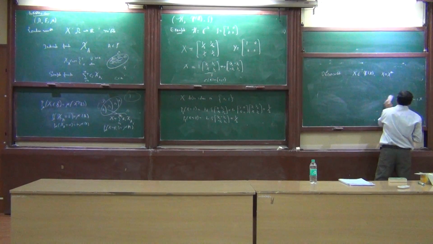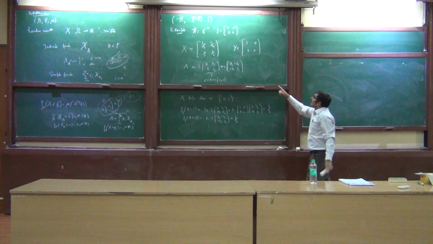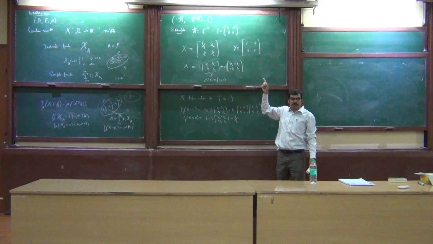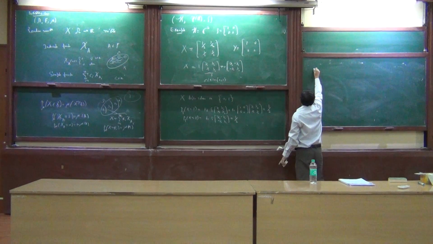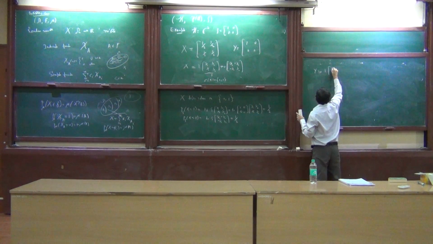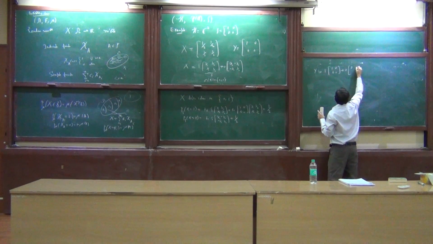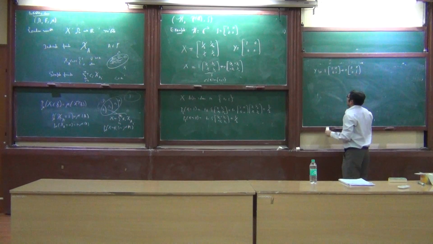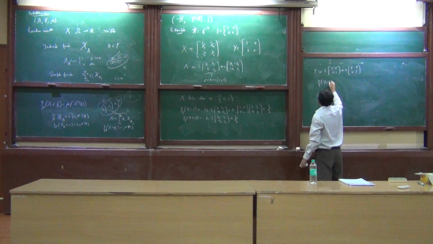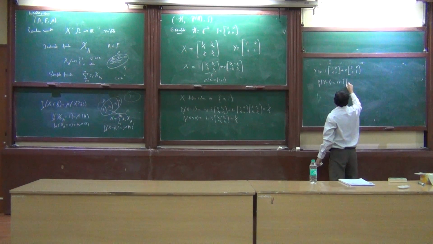What about the other random variable? Again, I have taken a simple situation, just a projection. It's also a projection. So the spectral decomposition of y is 1 times this projection, plus 0 times I minus this, which is this projection. And under rho, the probability that y equals 1 is the trace of rho times this.